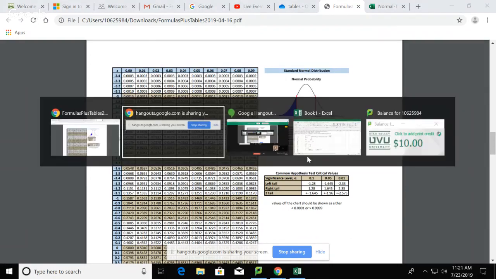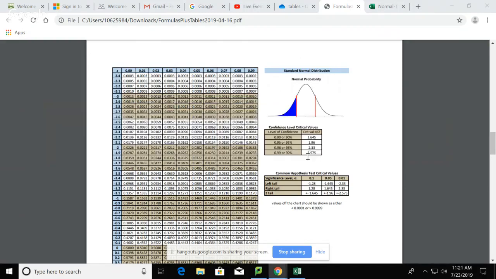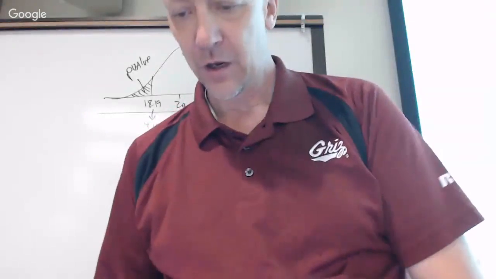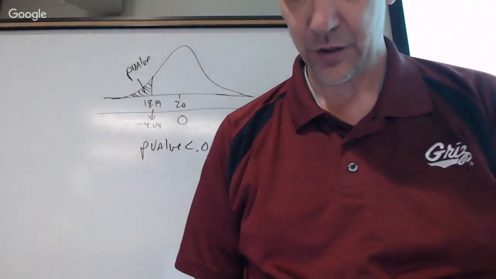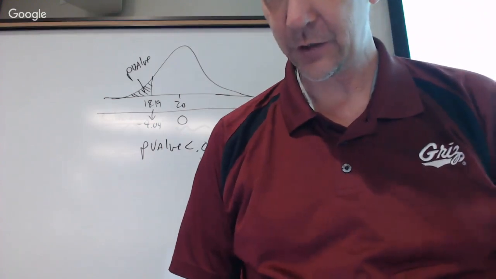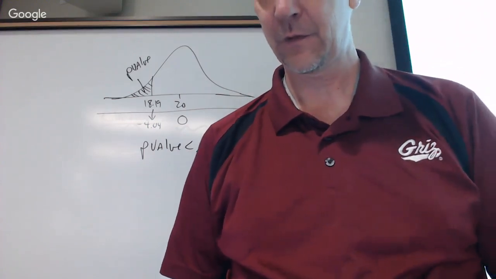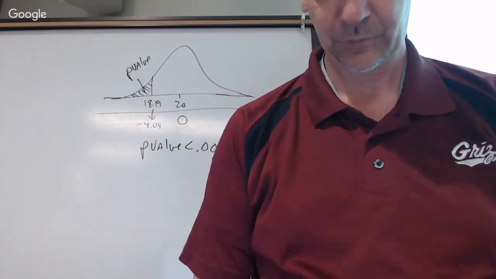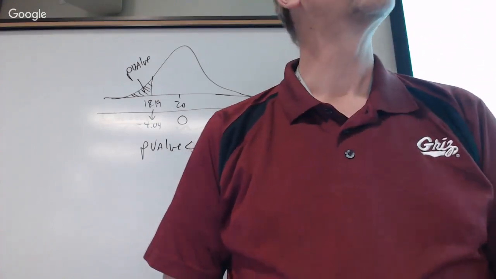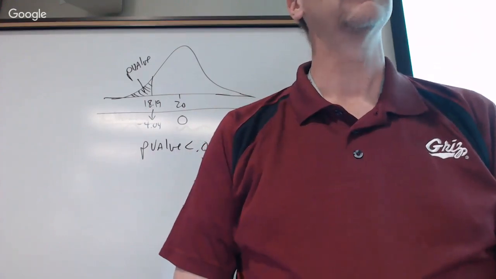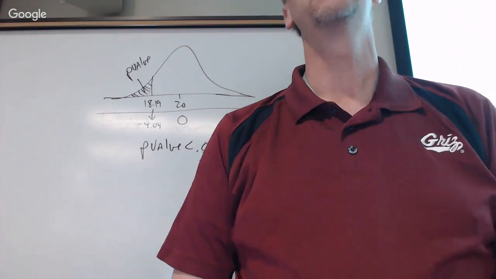Let me stop sharing for a moment. How would you do this on the computer? If I'm using the chart, you would say that the p-value is less than 0.0001. If I'm using the computer, the command is what, Chandler?